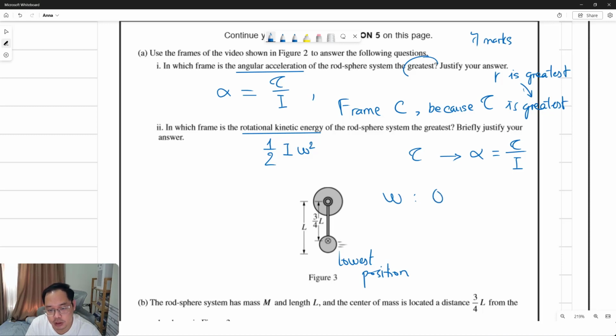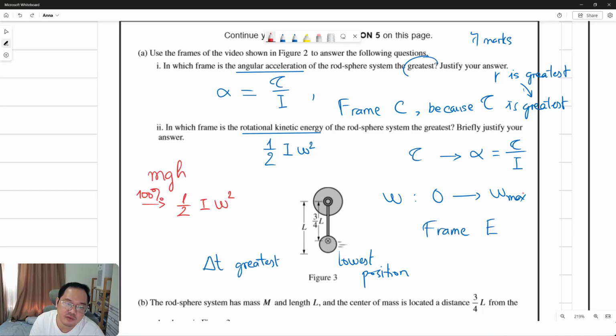This speed increases from 0 to the maximum value, and the maximum value will be at the lowest position in the last frame.